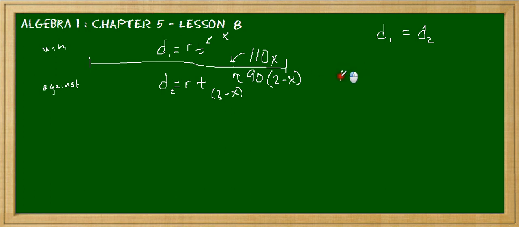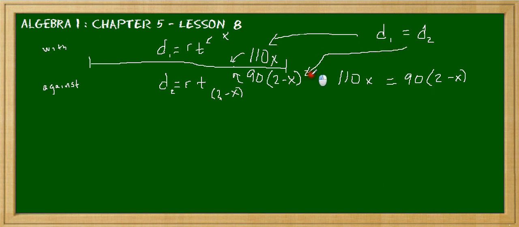Do we not know that? So we could simply write 110x is equal to 90 times 2 minus x. And again, remember, this is distance 1, and this is distance 2 down here. Okay, and d1 is equal to d2, and we know that d1 is equal to 110x, so we're plugging that in here, and d2 is here. So just trying to show you this from as many angles as I can.